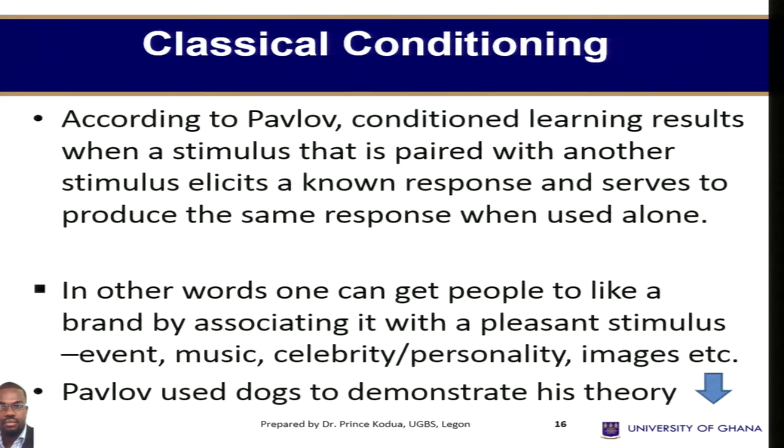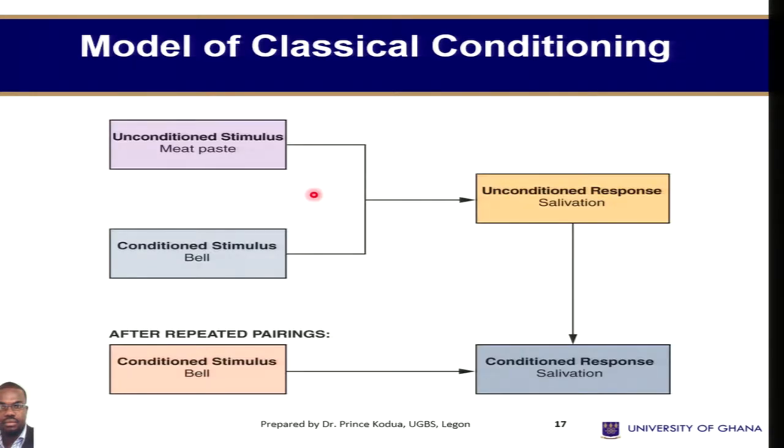How did Pavlov demonstrate his theory? Let's look at the next slide. Okay, so let's look at a model of classical conditioning. Our good friend Pavlov's experiment is simple. A dog that is hungry is highly motivated, and therefore, when a highly motivated dog is given food or meat, naturally that dog will salivate at the sight of food or meat.